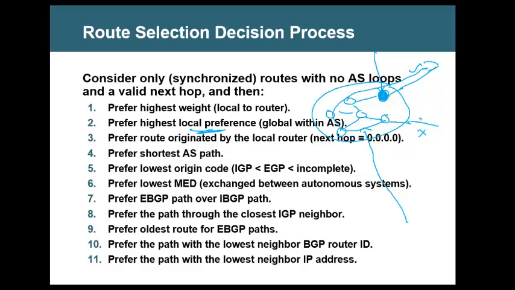So if you want the impact to be only on one router, you set weight. If you don't set weight, the default weight is 0, then there is a tie. Listen. Only when there is a tie in weight, it will check the local preference.